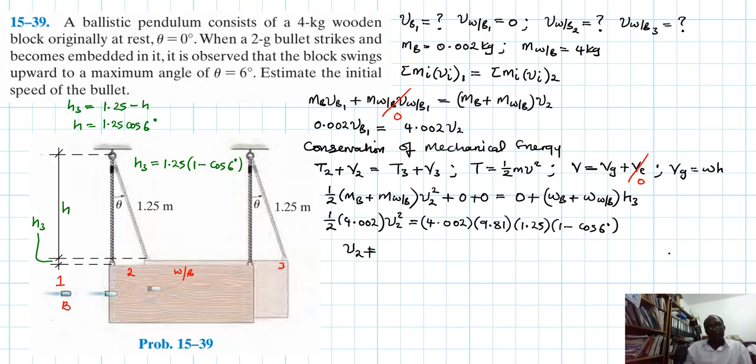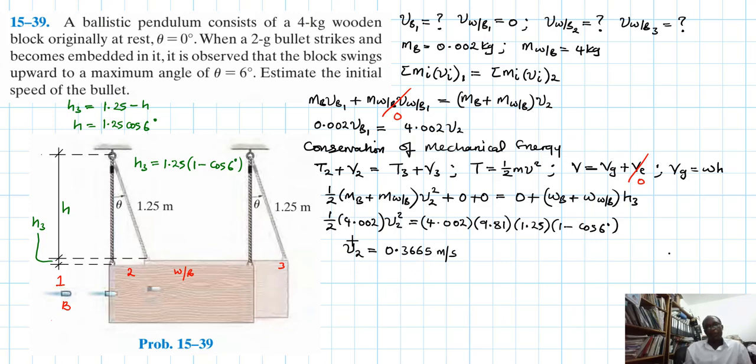Therefore V2 is just going to be equal to, let's calculate this, 4.002 by 9.81 by 1.25, 1 minus cos 6, times 2, divided by 4.002, then square root of that, so we get this one as 0.3665 meters per second.